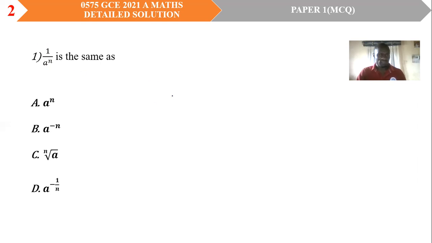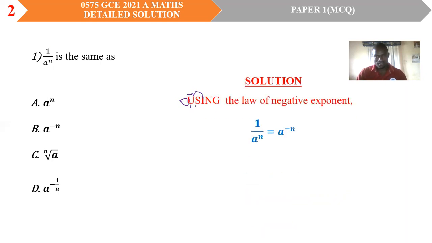The law of negative exponent states that when we have an index in the denominator and the numerator is 1, the base of the index in the denominator becomes the entire base and the index becomes negative. So that one becomes a to the negative n, as the solution clearly shows.